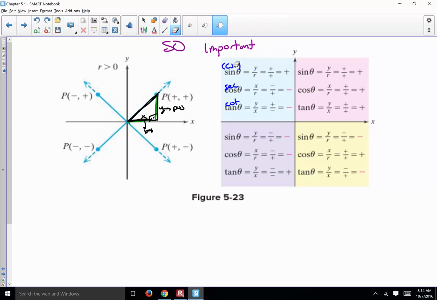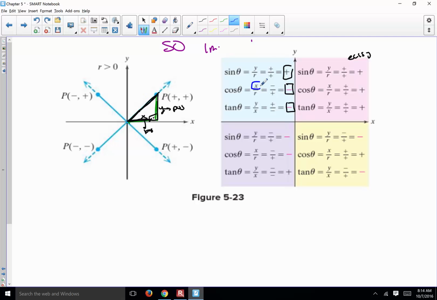Now, what is the story in the second quadrant? Sine, cosine, and tangent may change signs in the other quadrants. In the first quadrant, it's the easiest because all 6 are positive. In the second quadrant, sine is still positive, cosine is negative, tangent is negative. Why did these two turn negative?